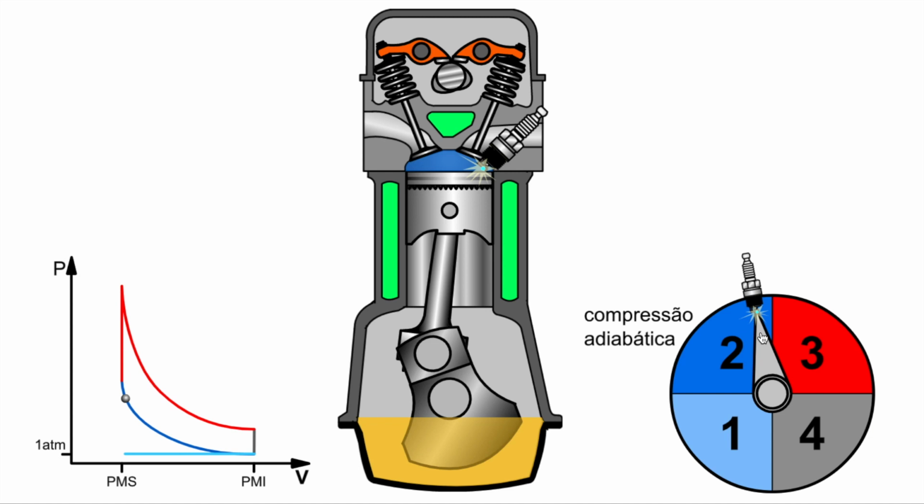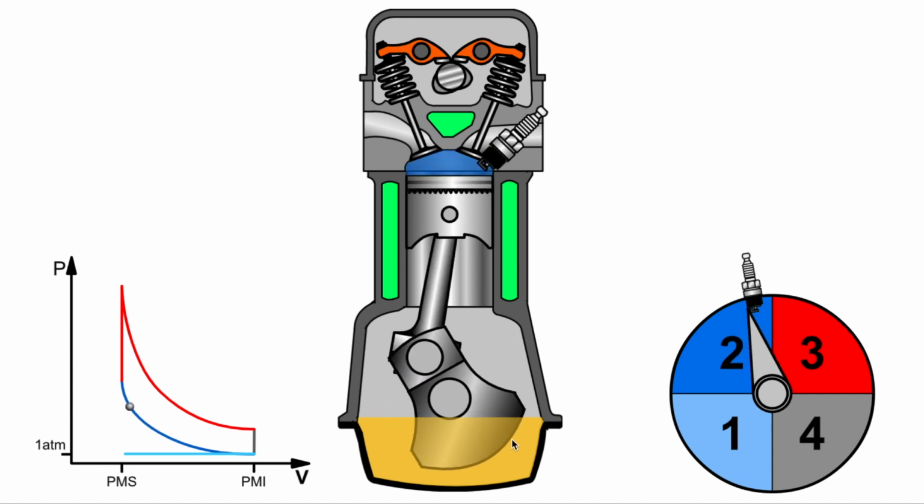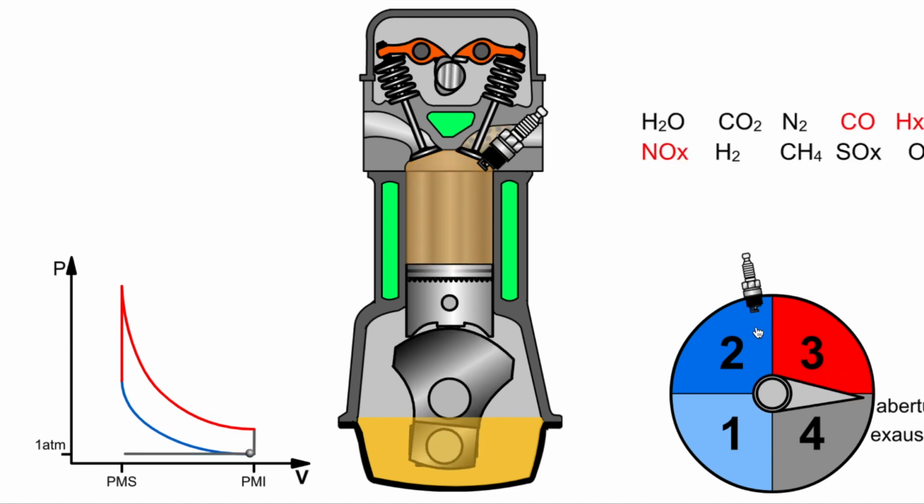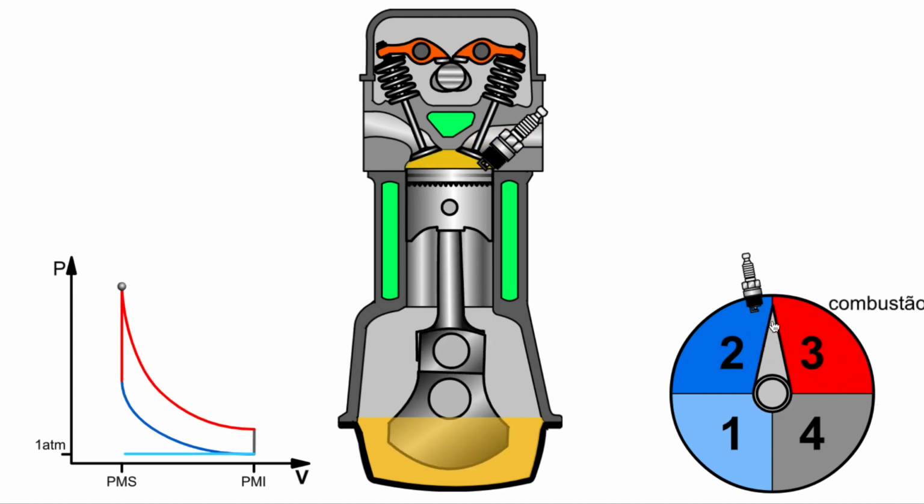Now the timing of the ignition is measured in degrees. Degrees refers to the rotation of the crankshaft. The position where the piston is at the top of its travel, so right here, that's called top dead center, or TDC, so that's 0 degrees.